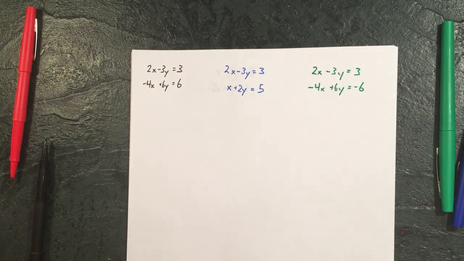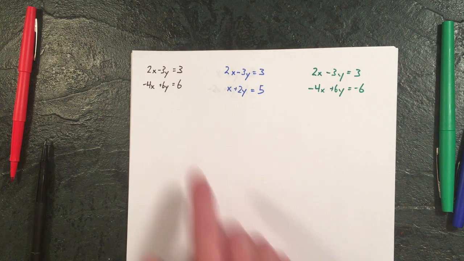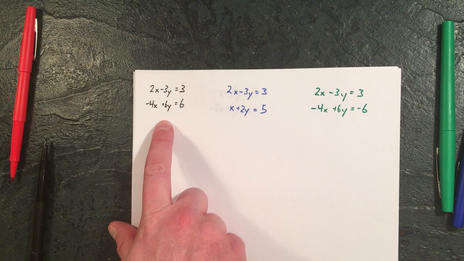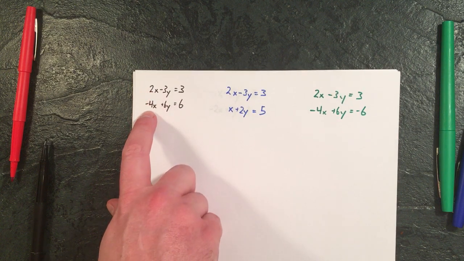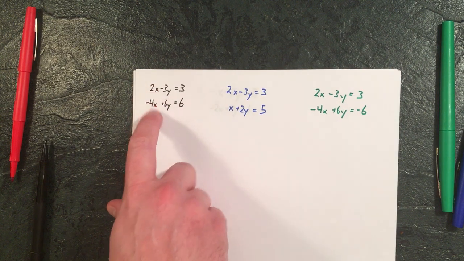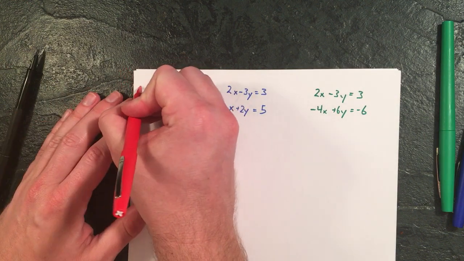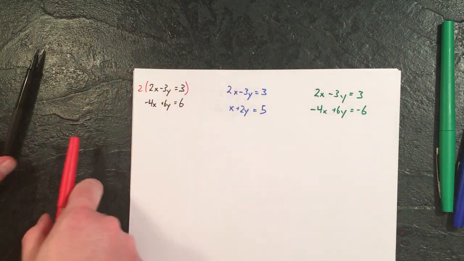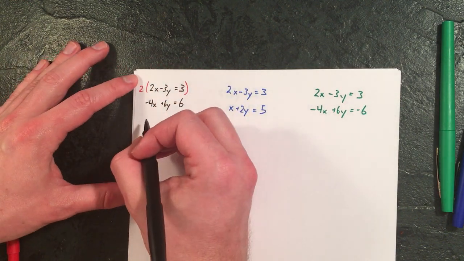Okay, let's talk about different situations that can happen when going through questions. I have 3 different examples here, and each is going to give us something a little interesting. Let's start off with the black one over here. We can see 2 and 4. It's only 2 times away. Let's multiply that first equation by 2.